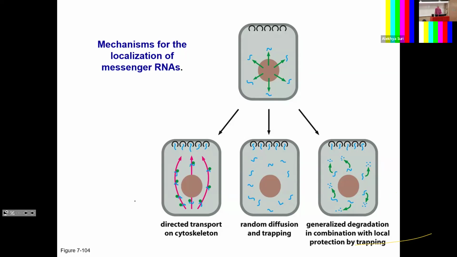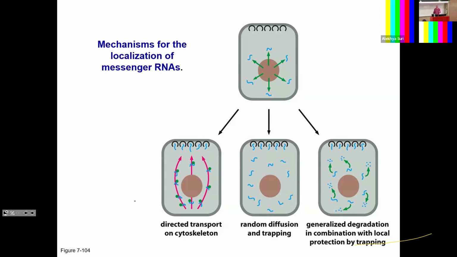What else is here? Random diffusion and trapping would be, for example, once the RNA interacts with the correct site in the cell, the rest of the RNA will be degraded, or there is general degradation.